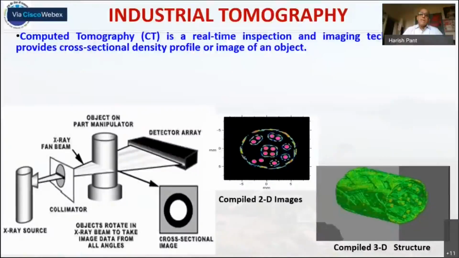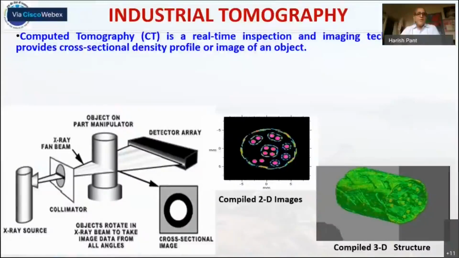But at what location or what cross-section of that object it is located, that from radiography we cannot tell. But from the CT, one can find out at what cross-section of the material there is a discontinuity, or a flaw, or a fracture, or any sort of void.